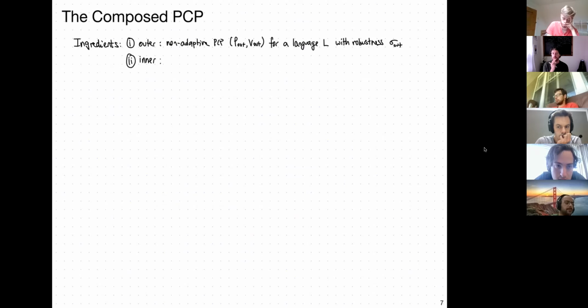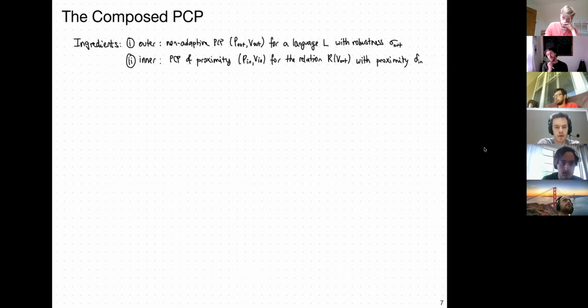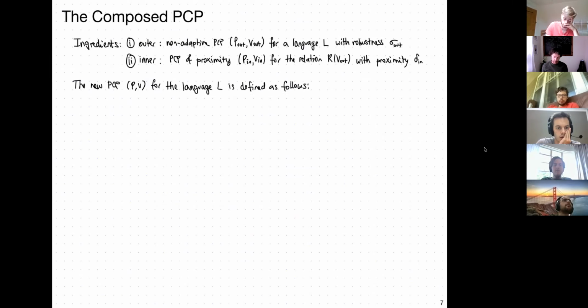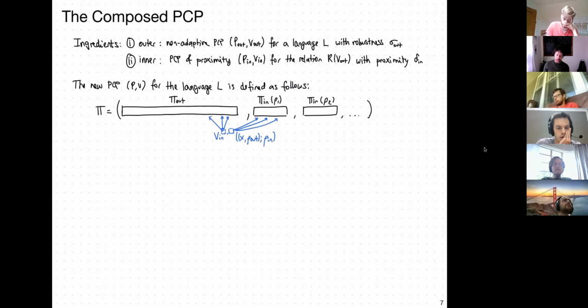And think about this as a robust PCP with great proof length, but bad query complexity. And for the inner PCP, we'll have a PCP of proximity with amazing query complexity, but maybe the length is large. And so we'll define the PCP composition exactly as before, only now we'll be a bit more accurate about what we mean.